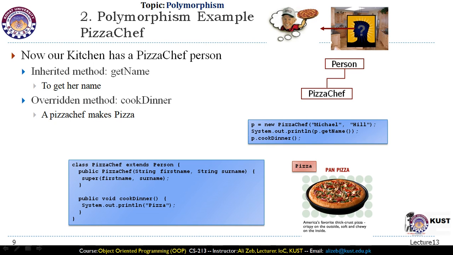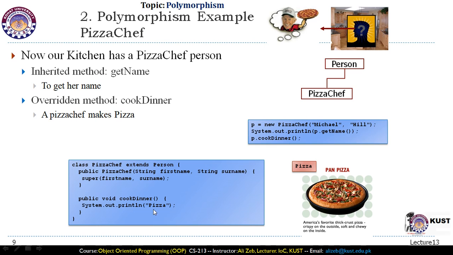We have extended the Person class, and we are initializing the name of the person the same way as in the previous case, where we are passing the two variables to our superclass, which will take care of the initialization of the two variables, and we are implementing the cookDinner method.